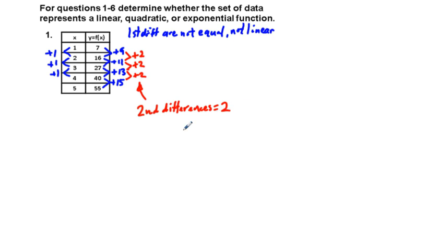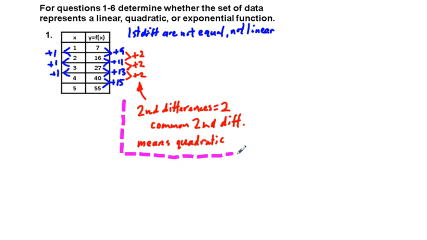And I'll word this way, common second difference means quadratic. So we will go ahead and box this in as our correct answer for problem number 1.